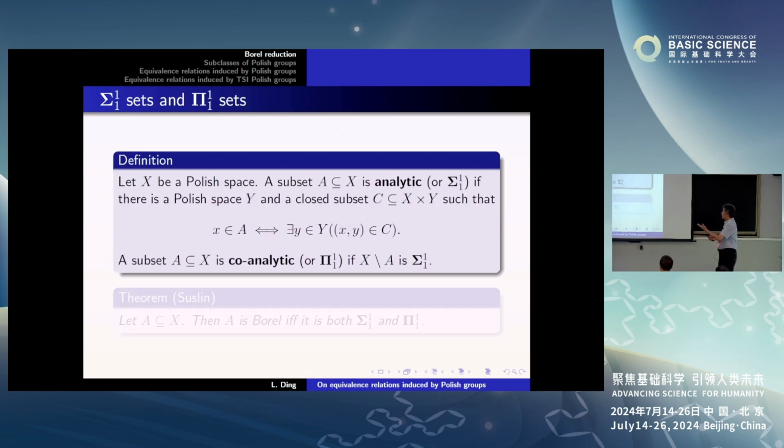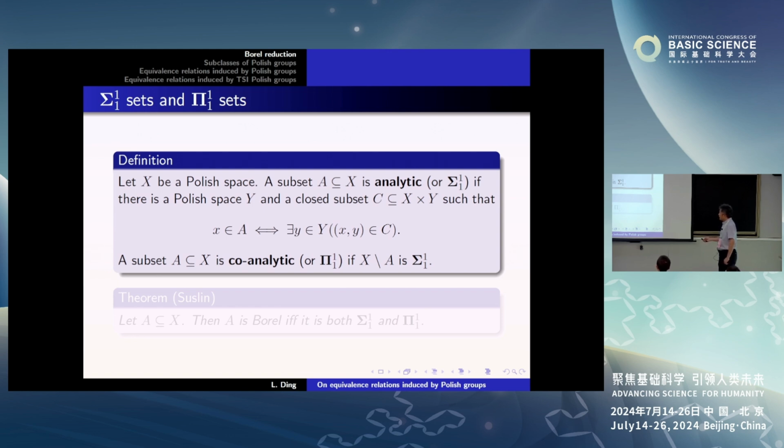Before going on, we need some more definitions. Given a Polish space X, a subset A of X is said to be analytic, denoted by boldface sigma 1 1, if we can find another Polish space Y and a closed subset C in X times Y such that A is the projection of C. Look at this definition.